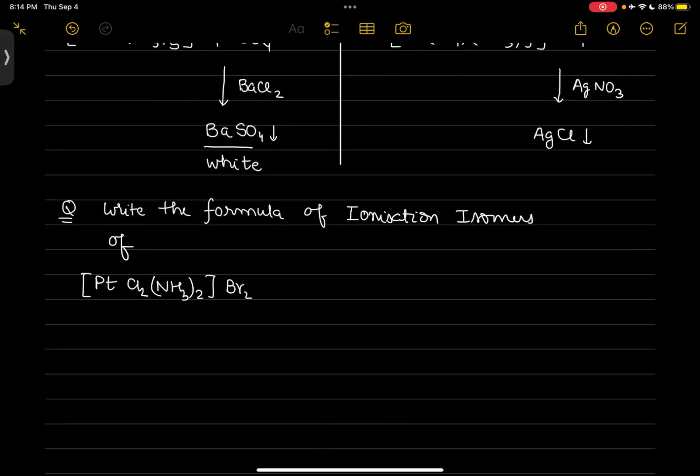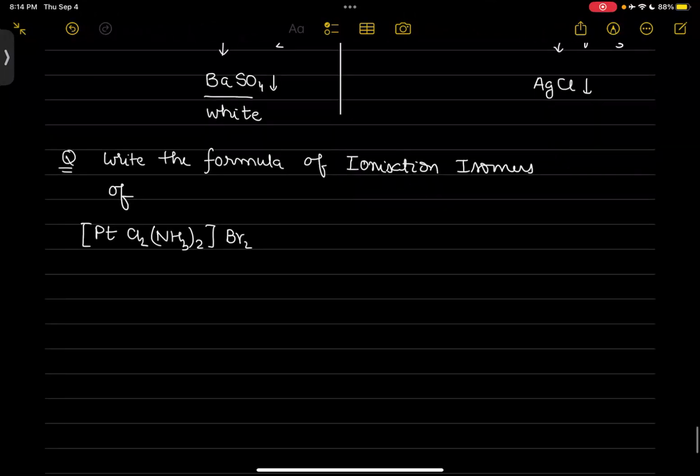How can we draw the ionization isomers of this compound, [PtCl2(NH3)2]Br2? How to draw the ionization isomers? What's the trick? Any idea?